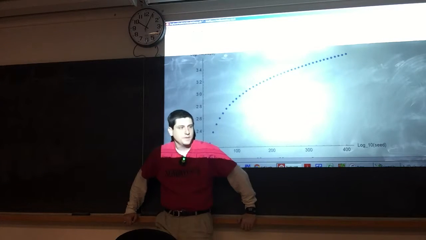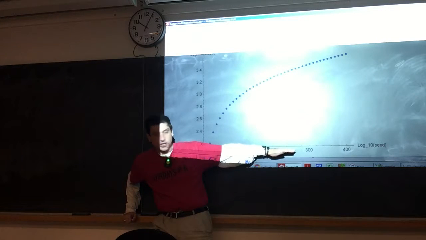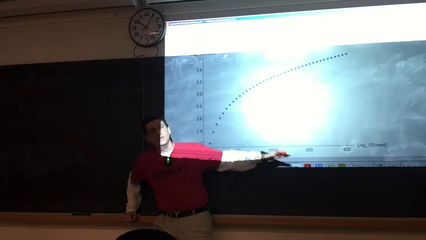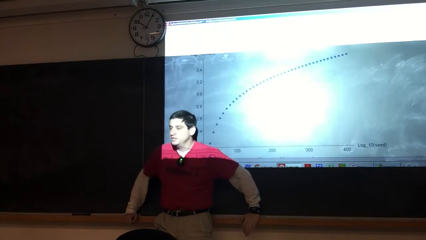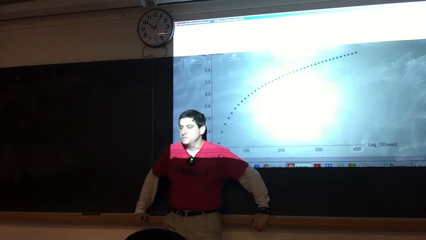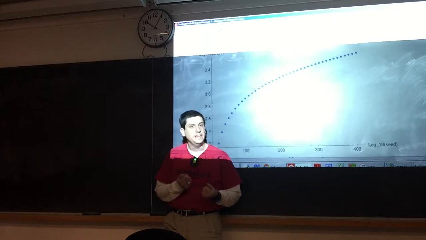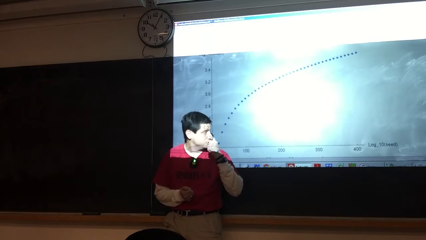I love logarithms. I can justify taking the log of the x-axis, because I'm going over so many orders of magnitude, that's worth doing. Is there a justification for taking the log of the output of the number of steps? No. A lot of times when you do a log-log plot, if you have nonlinear relationships, a log-log plot will show you nonlinear relationships.